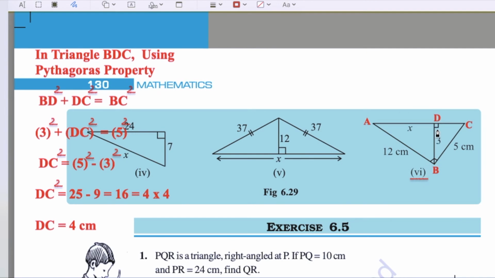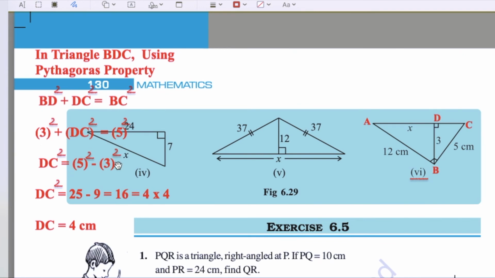So now we will solve for triangle BDC. Okay, this is a right angle triangle BDC. So in this triangle, BD square plus DC square will be equal to BC square. So BD is 3, so 3 square plus DC square is equal to 5 square, as BC is given 5 centimeter. So DC square will be equal to 5 square minus 3 square.